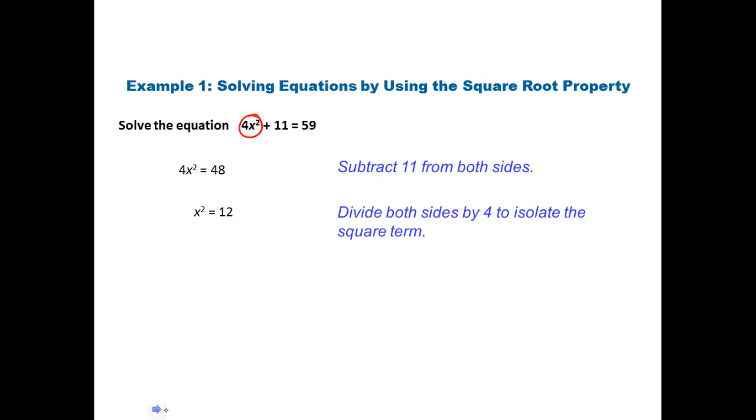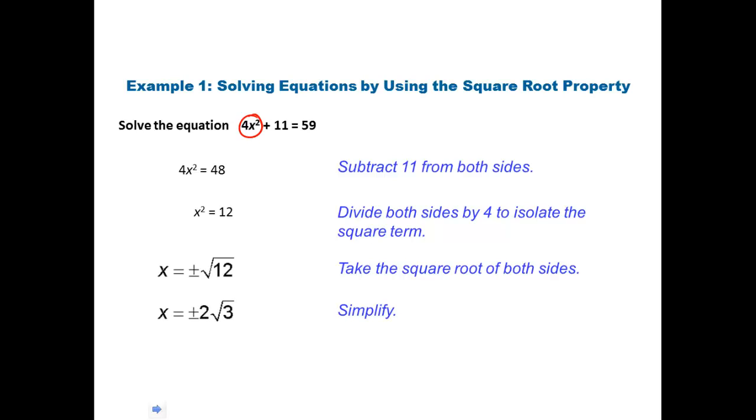Next step, we divide by 4. After these two steps, it's just like the example we did on the previous page. So we square root both sides, and then simplify the 12. And that would be our answer. x equals plus or minus 2 times the square root of 3.